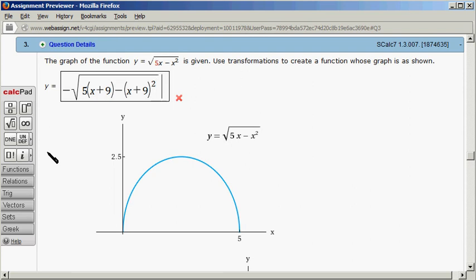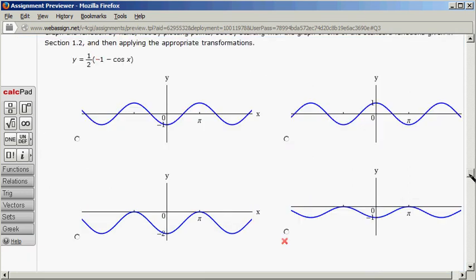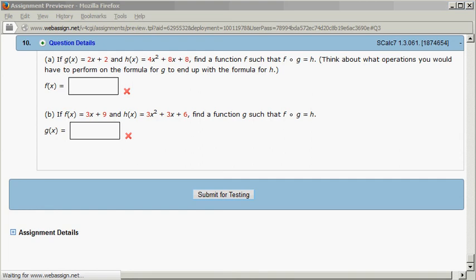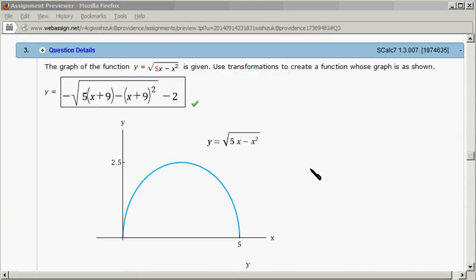Then you go outside and subtract 2. So let's check the answer. I'm going to scroll down and hit submit for testing. Alright, it came back and we got this formula correctly. Alright, that's it. I hope that this was clear.